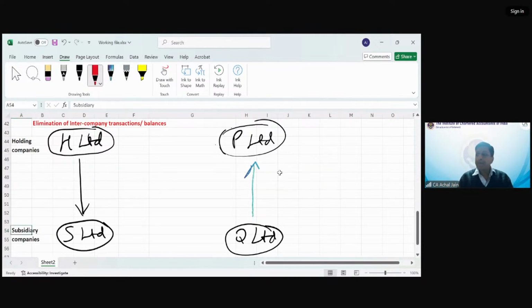Now, we'll look at two situations, and for both we'll try to understand the transaction which may take place. Suppose H had goods worth rupees 100, on which H has added a profit, say rupees 10, and these have been sold to S Limited.